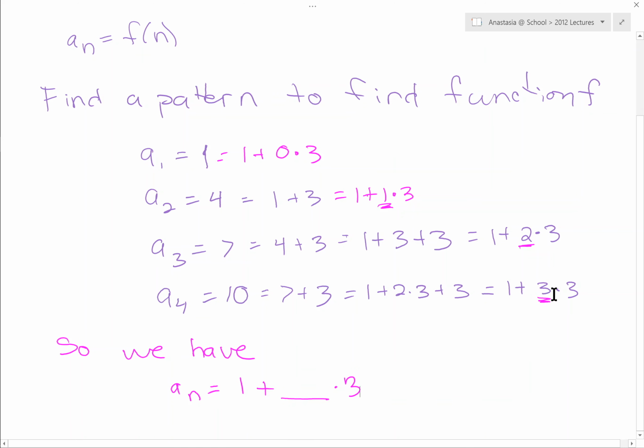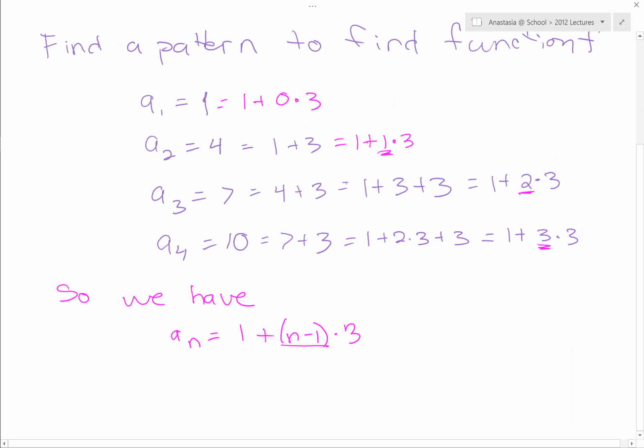Now that something is always 1 less than the index for the term. We have a 3 when it's the fourth term, a 2 for the third term, a 1 for the second, and a 0 for the first. So if we have an n here, then we need to have an n minus 1 right there.